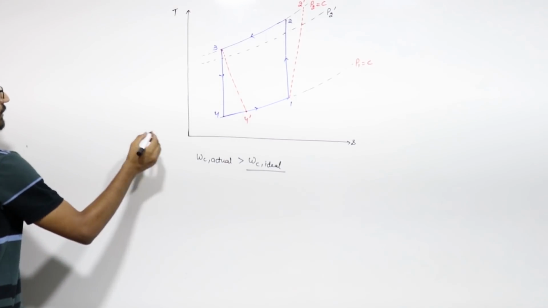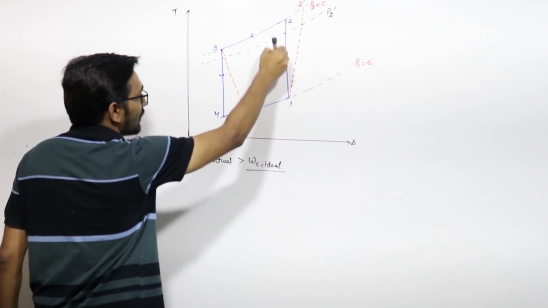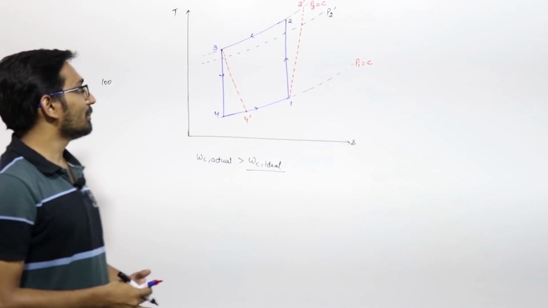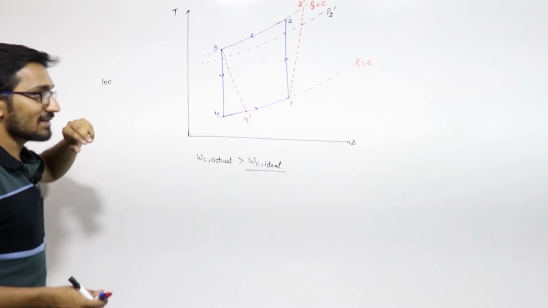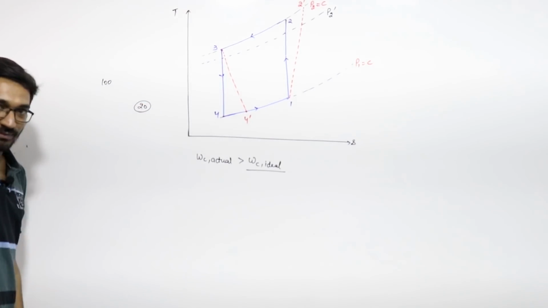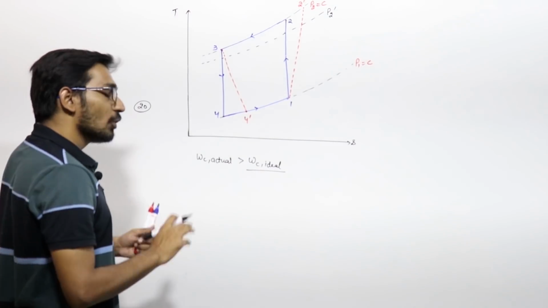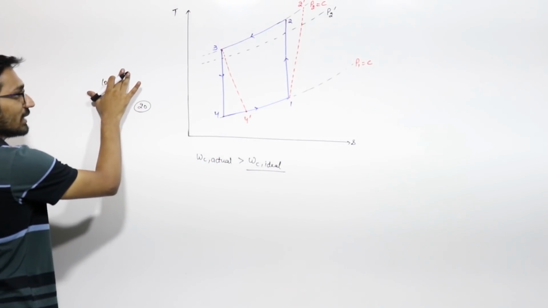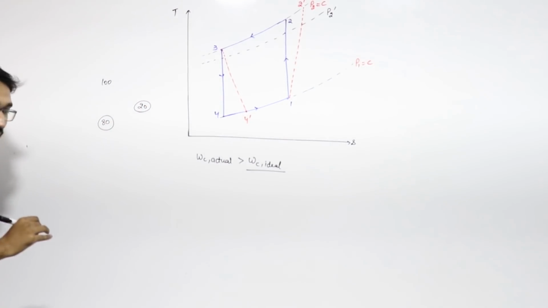Otherwise, let us say from point 1 to point 2, if you go with the reversible process, let us say 100 units of work is required to compress the air or gas from pressure P1 to P2. Now we are saying that because of this irreversibility, 20 units of work is lost to overcome the friction. Now if you are so rigid that I can only give 100 units, then out of this 100 units, because of irreversibility, 20 units will be lost, remaining will be 80 units.